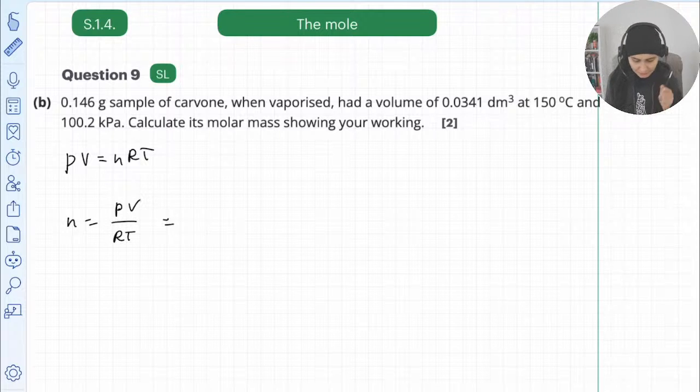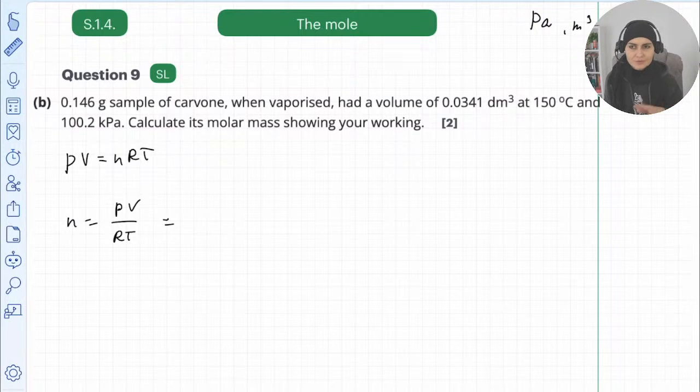Now if you are doing A level, you have to remember that the pressure can only be in pascals and the volume can only be in cubic meters. There are no other options for A level. I lost the mark myself when I used kilopascals and decimeters cubed, which would give you the exact same number, but for some reason they do not allow it, although we are trying to change that.